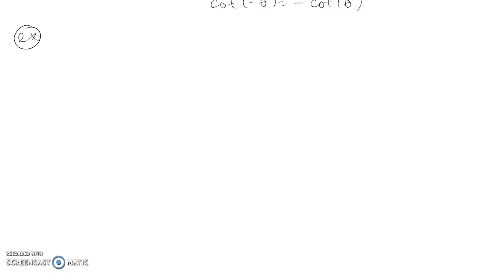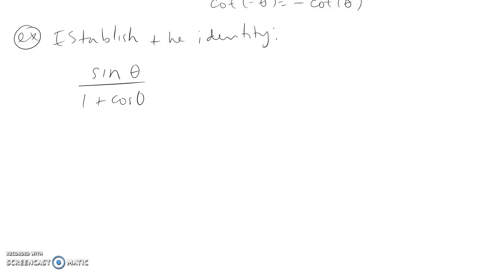So we're going to establish the identity that sine theta over 1 plus cosine of theta plus 1 plus cosine of theta over sine theta is equal to 2 cosecant theta.